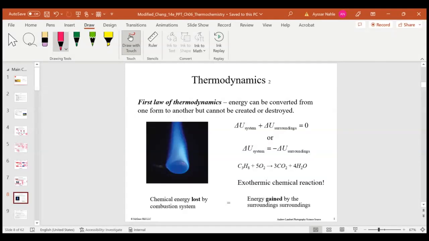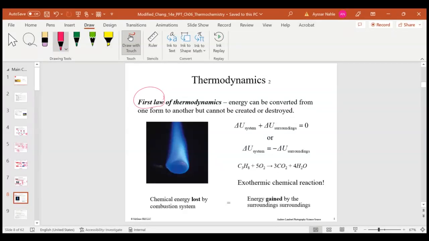The first law of thermodynamics says energy can be converted from one form to another form, but cannot be created nor destroyed. Yani, if I'm having 100 kilojoules, I can change it to whatsoever, but the amount will still be 100. No more, no less. And that's called the law of conservation of energy.